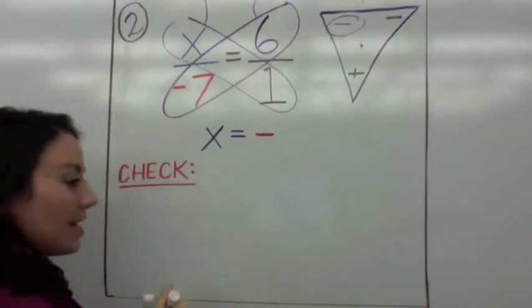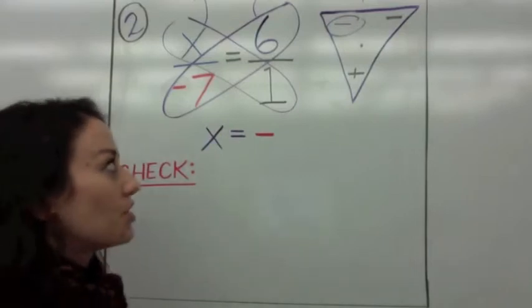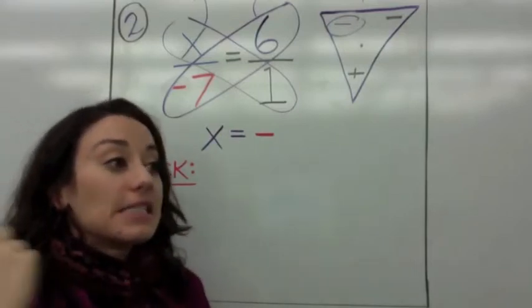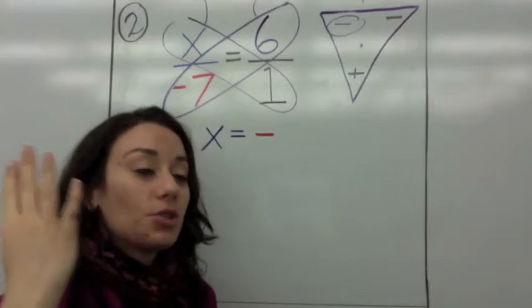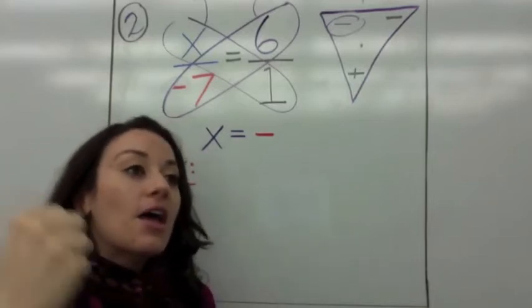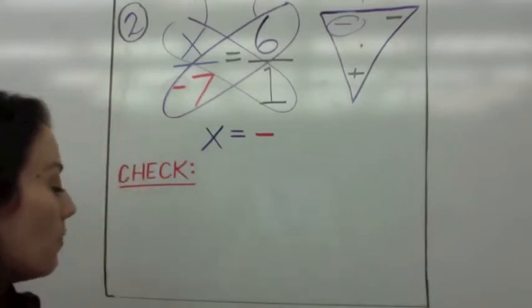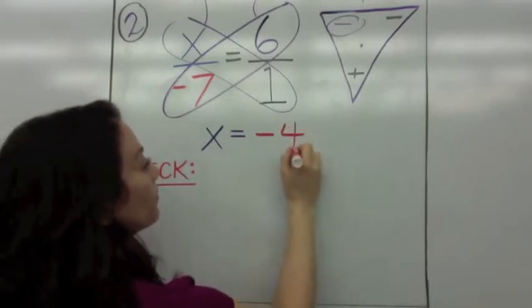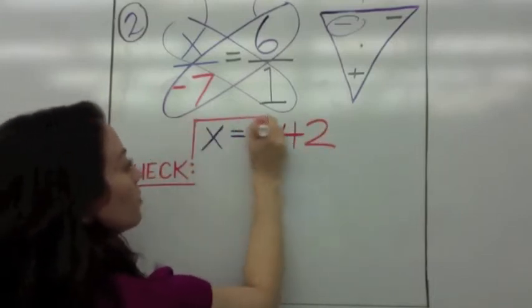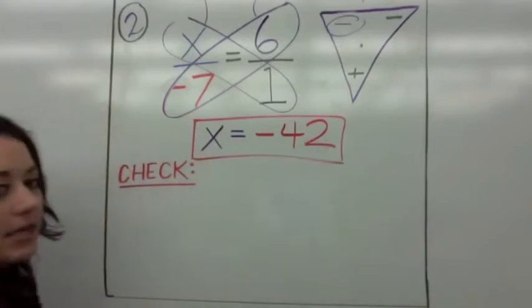Now what is 7 times 6? This is my favorite one. 7 times 6 is 7, 14, 21, 28, 35, 42. It's 42, but it's negative 42. Put a box around that. Okay, negative 42.